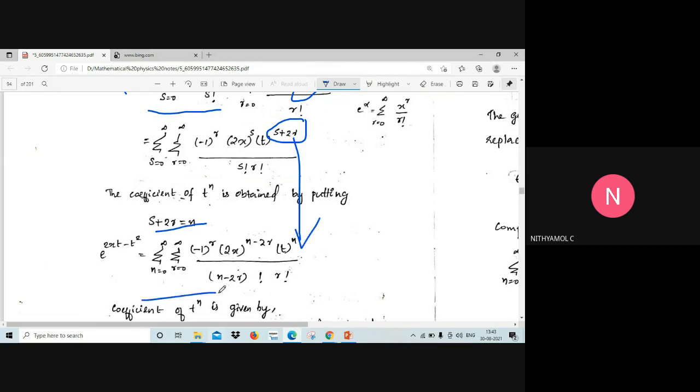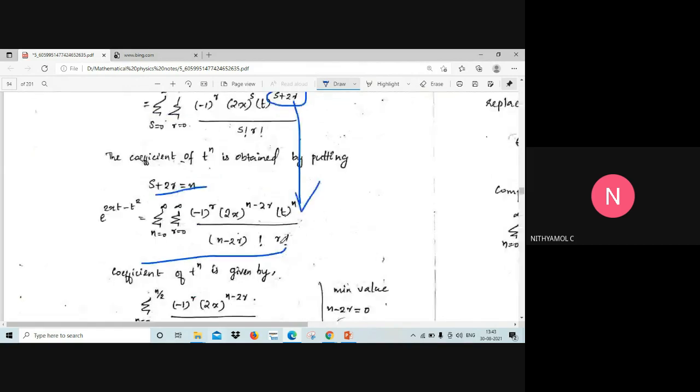The same equation, and the coefficient of t raised to n is the summation of (minus 1) raised to r, (2x) raised to n minus 2r, divided by r factorial and (n minus 2r) factorial.